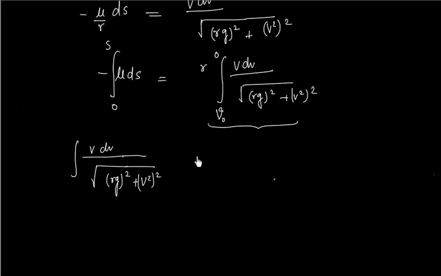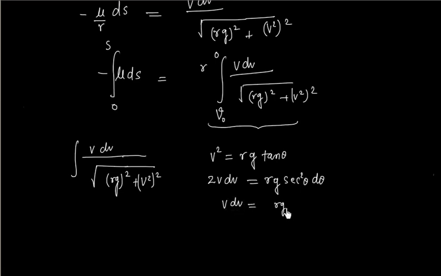We will use the method of substitution. So let us put v square is equal to rg tan theta. So we have 2v dv is equal to rg sec square theta d theta. So from here we will have v dv is equal to rg by 2 sec square theta d theta.